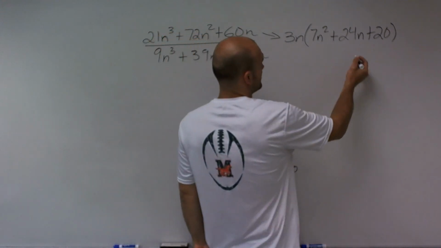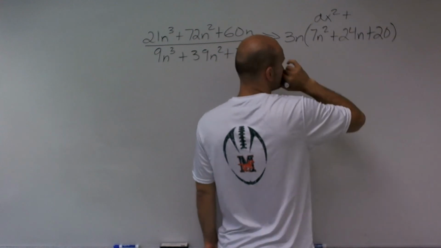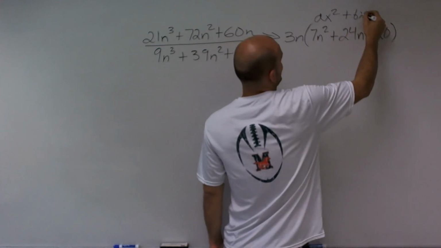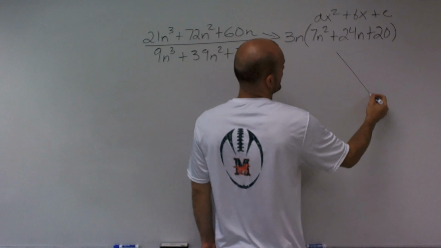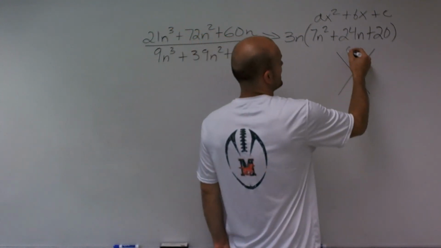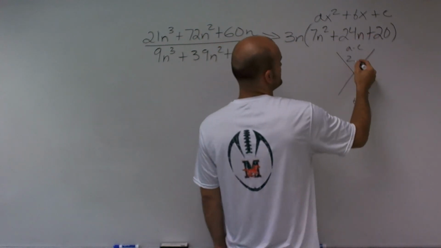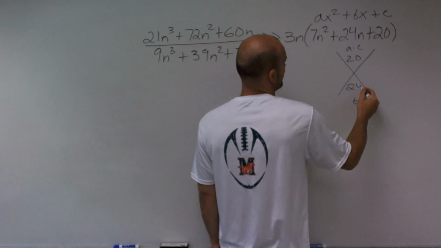Well, there's a couple of ways. If you remember, your trinomial is in the form of a quadratic, ax squared plus bx plus c, where I can use a little visual tool to help me, a times c over b. So a times c is 7 times 20, which is 140, and then b is 24.